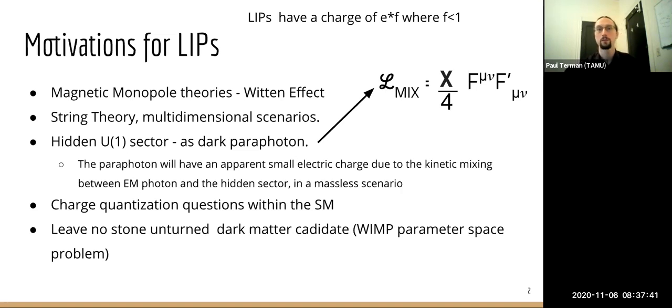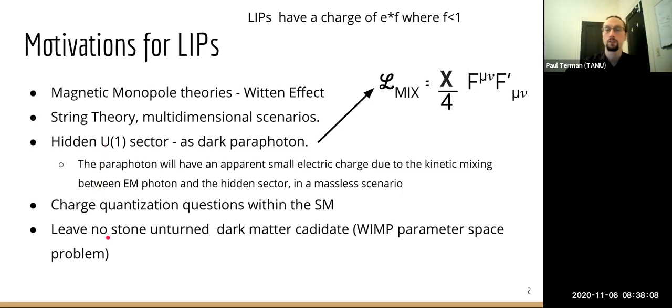In string theory, where there are multidimensional scenarios, LIPs also come out. And basically anywhere we have a hidden U1 dark sector, in the massless paraphoton case, that dark paraphoton will be the LIP. And that comes about from the kinetic mixing between the dark U1 and our U1, which is electromagnetism.